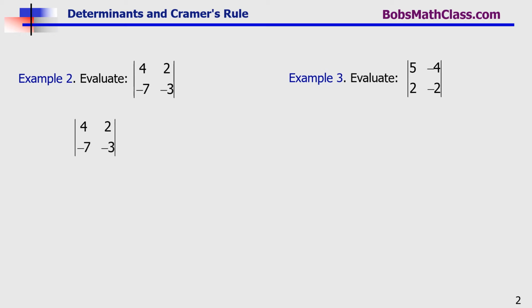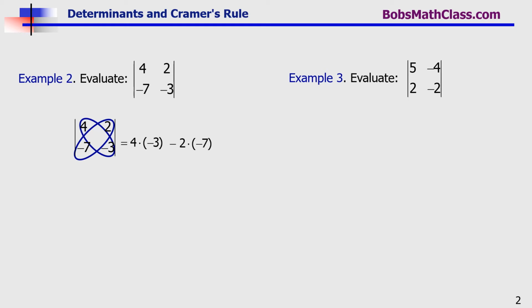Okay, so multiply the first diagonal. That's 4 times negative 3. And then minus the second diagonal going backwards, 2 times negative 7. 2 times negative 7 is negative 14, but there's a minus sign, so it's going to turn into a plus 14, right?